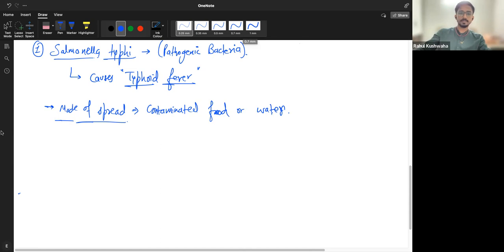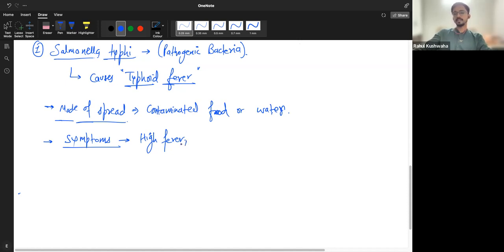Now tell me, what are the symptoms that happen? Anyone knows the symptoms in typhoid? As I told you, it's fever, so there is a high fever. Typhoid is known as typhoid fever because it has a very high fever, almost going till 40 degrees Celsius.